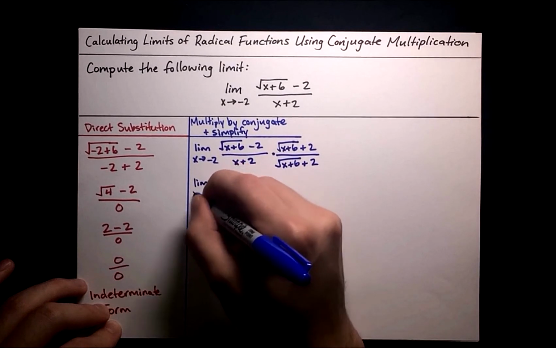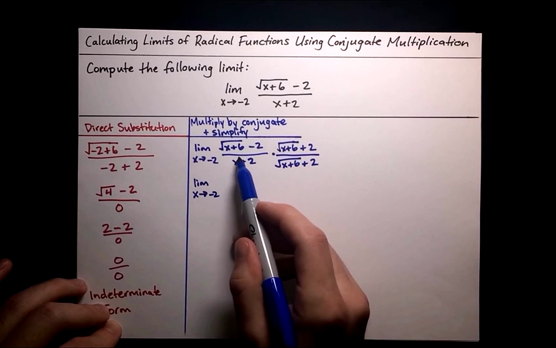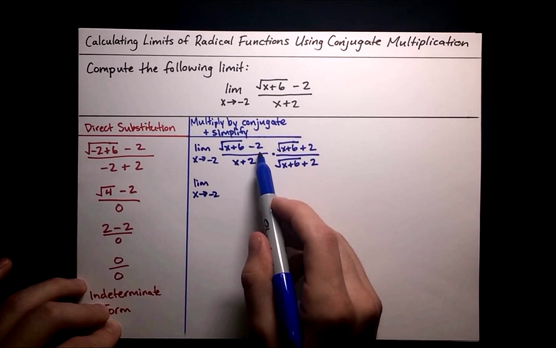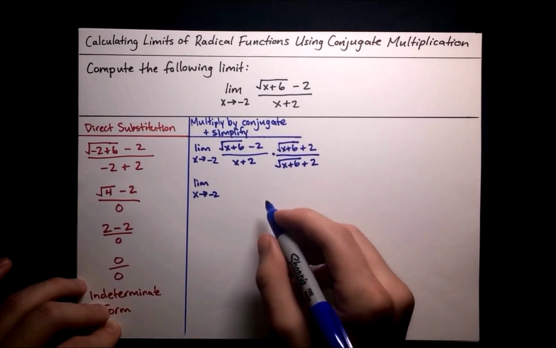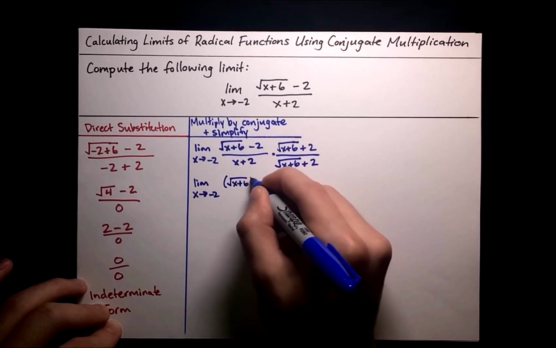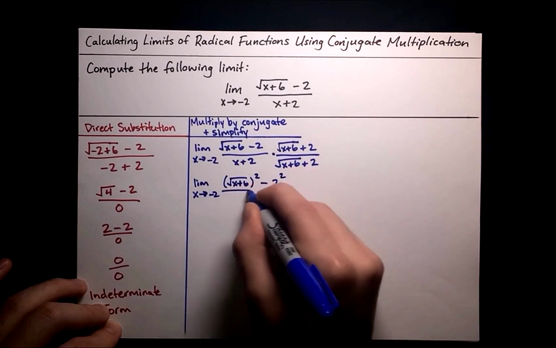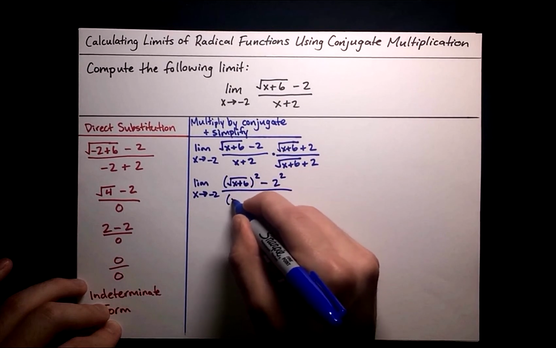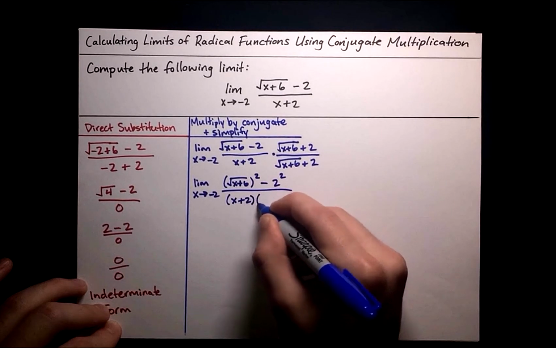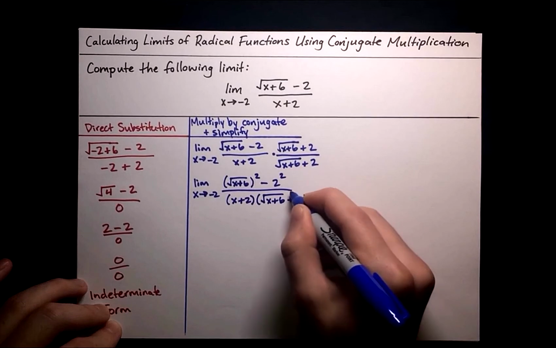So multiplying by root x plus 6 plus 2 on top and bottom. Let's go ahead and see what that is. Again, this is just a difference of squares. First term minus second term times first term plus second term. That gives us the first term squared, root x plus 6 squared, and then minus the second term squared, so minus 2 squared. And then in the bottom, we can just keep this as x plus 2 times root x plus 6 plus 2.